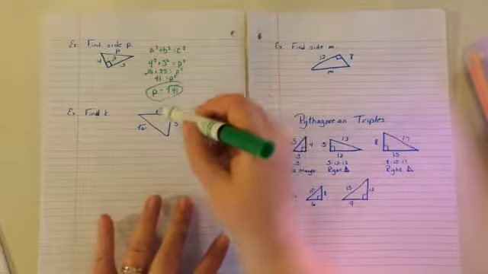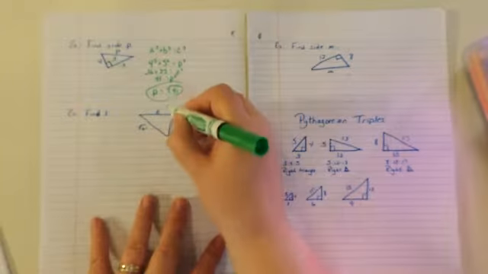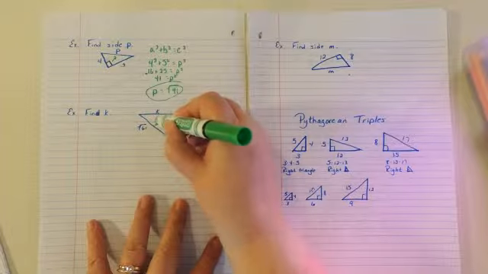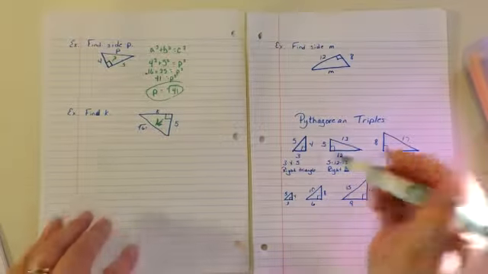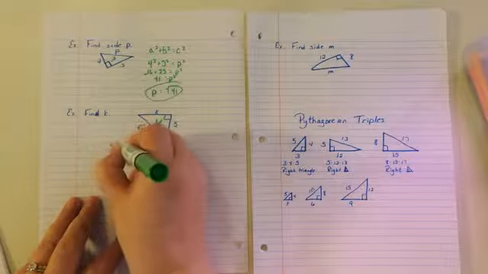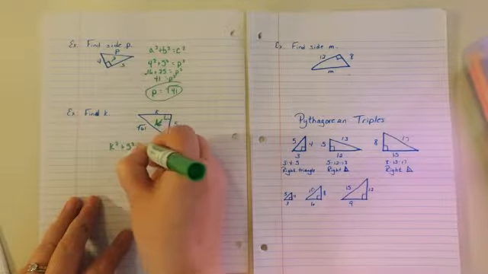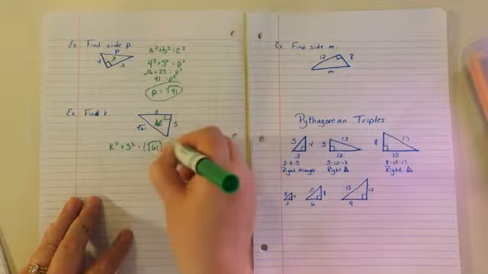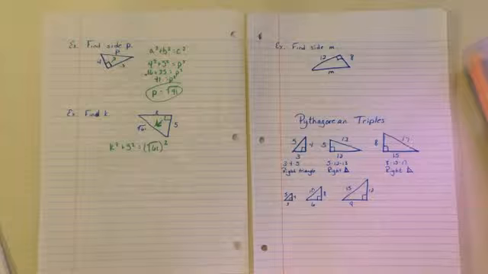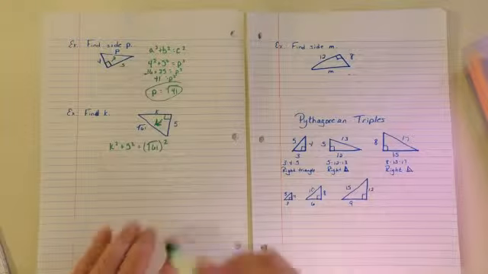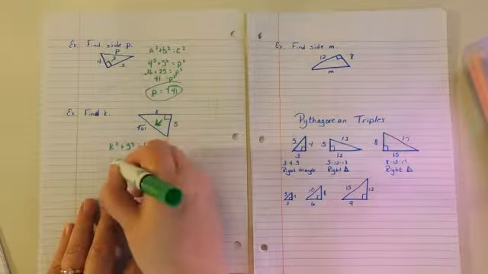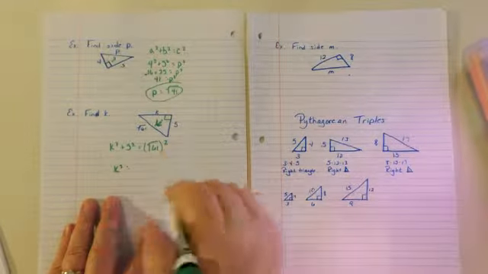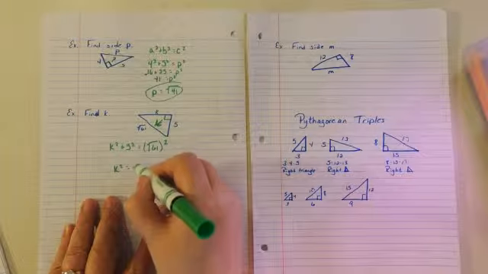Okay, here's another one. Find k. Here's the right triangle. So this side is the hypotenuse. So k is one of the legs. So we can say that k squared plus 5 squared equals the square root of 61 squared, right? Okay, so we have k squared equals the square root of 61 squared is going to be 61.